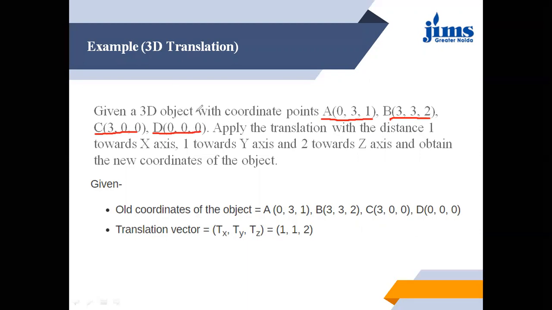So these are the basic coordinates, meaning the old values, the old coordinates. A is 0, 3, 1, B is 3, 3, 2, C is 3, 0, 0, and D is 0, 0, 0, that's the origin.